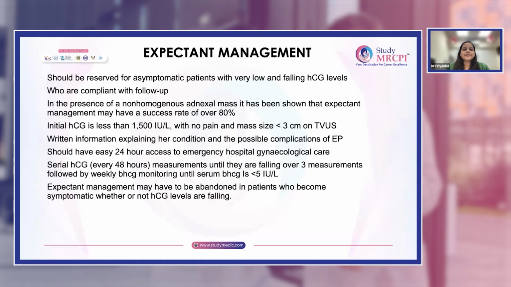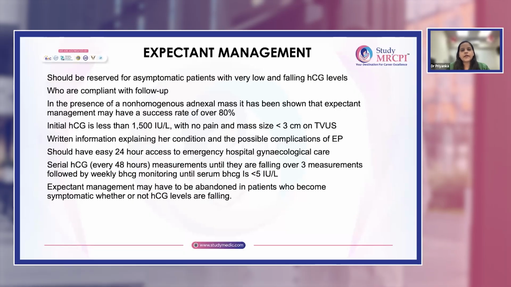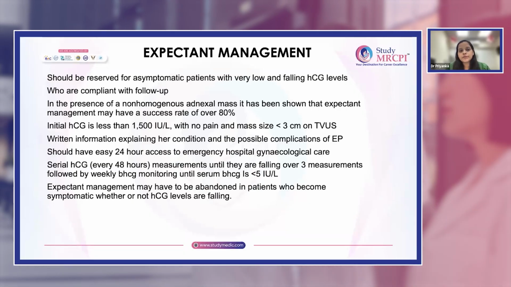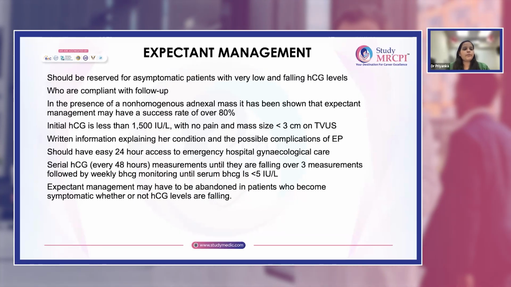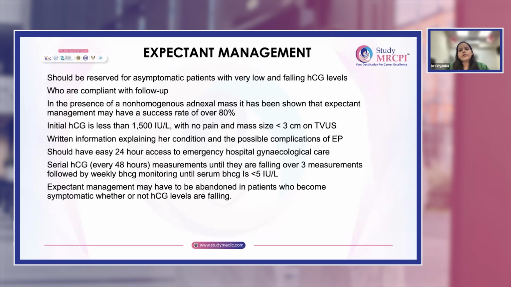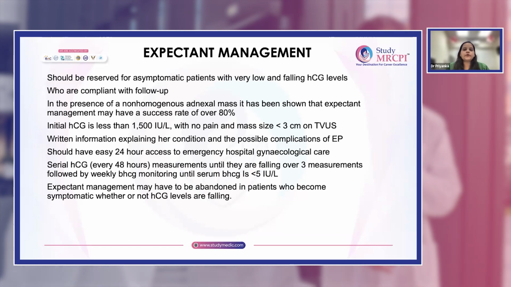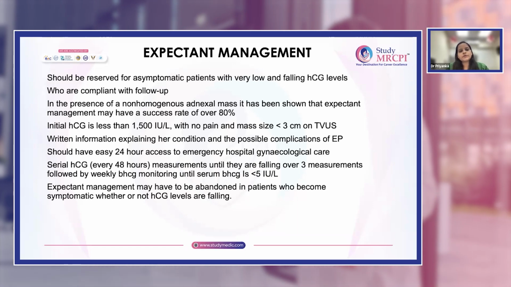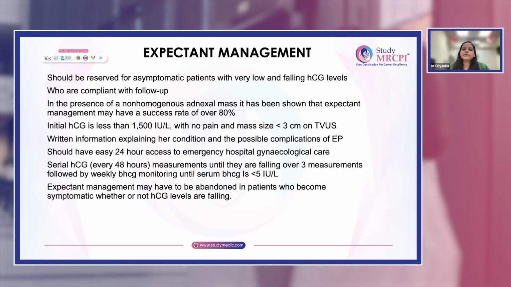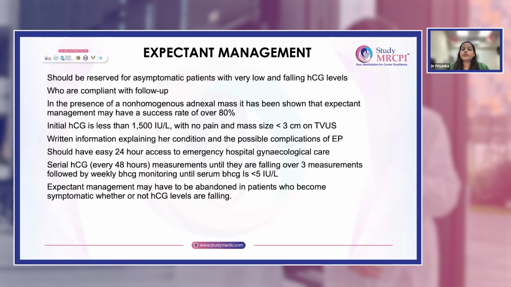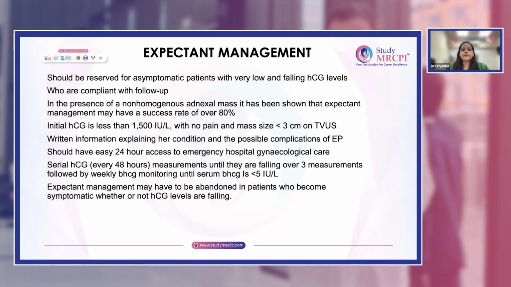The patient should understand the condition they have, and they should be compliant with follow-up. This is most important. According to the new guidelines 2024, the HCG can be less than 1,500, and the mass size less than 3 centimeters. We can offer them expectant management.